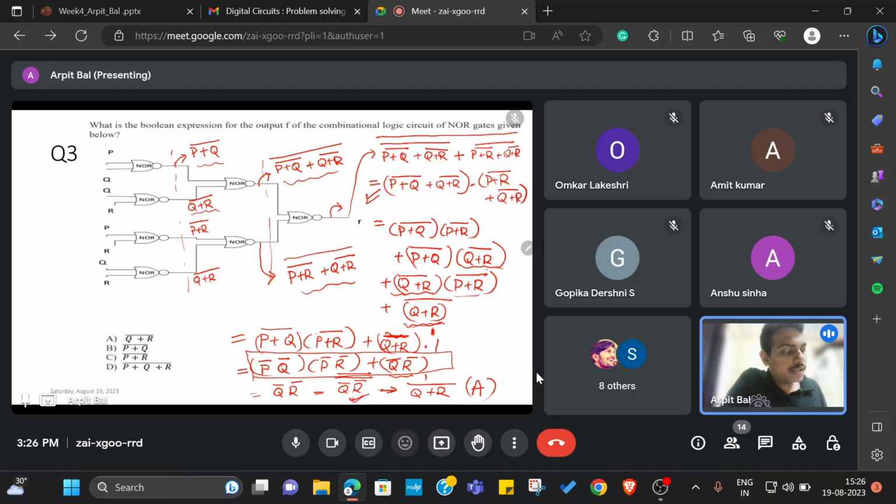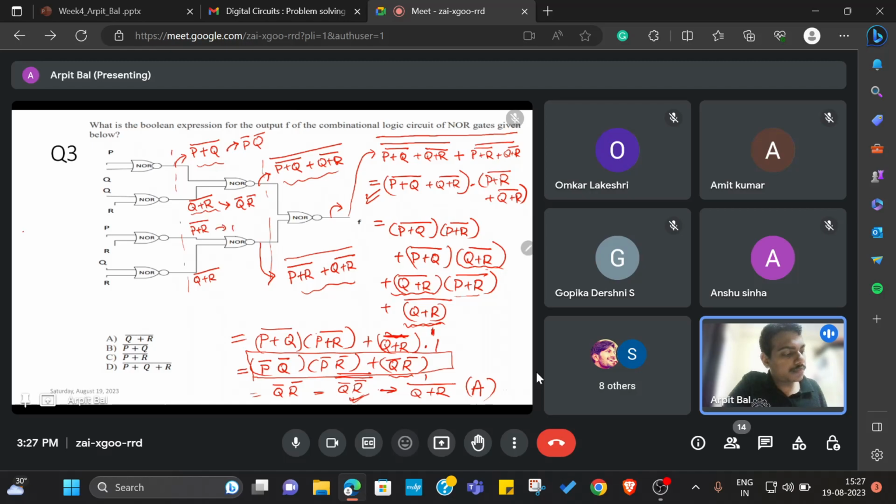Here what we did is we wrote it as (p + q)'. Instead of writing it that way, if I use De Morgan's here itself, it will be p'·q'. Similarly, if I do the same thing here, it will be q'·r'.